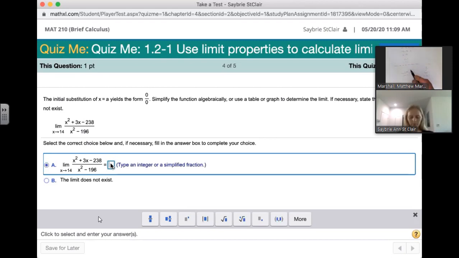Then the x minus 14 pieces cancel. If I take the piece that's left and plug in 14, it gives you your final answer. On that fraction button, it looks like 31 over 28.